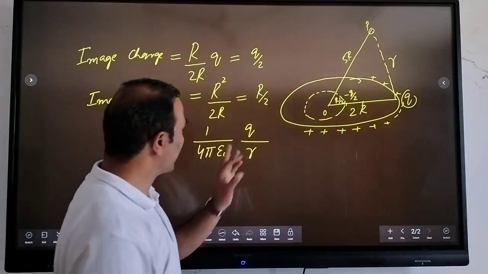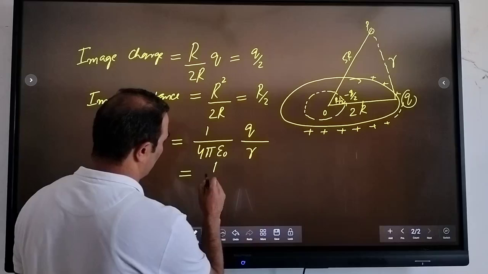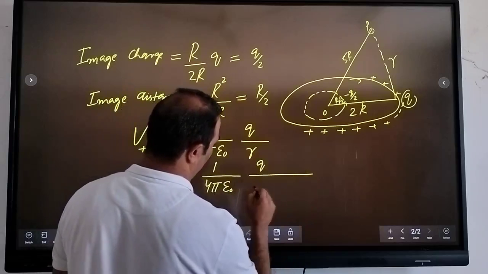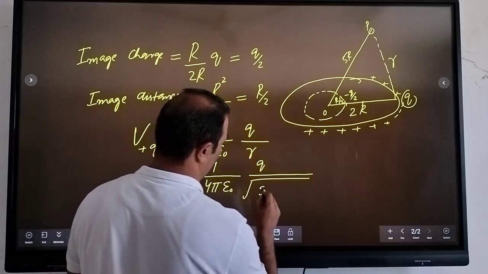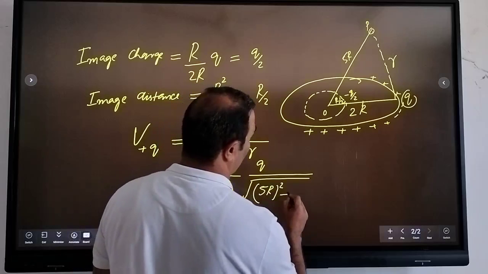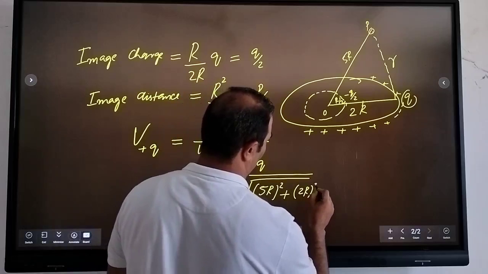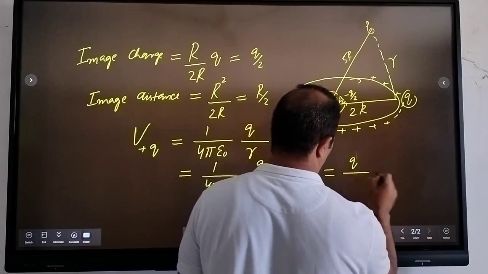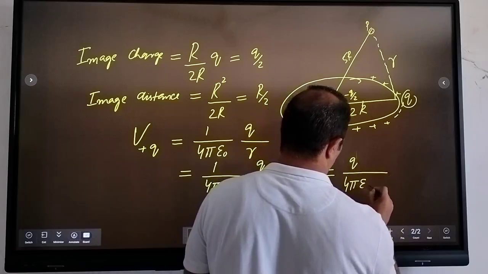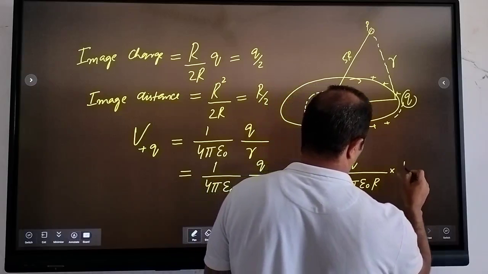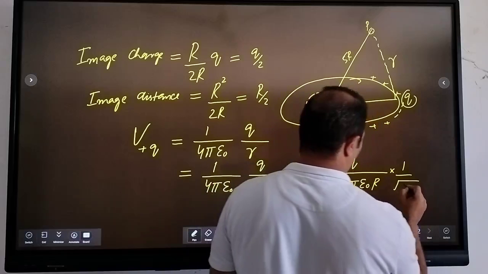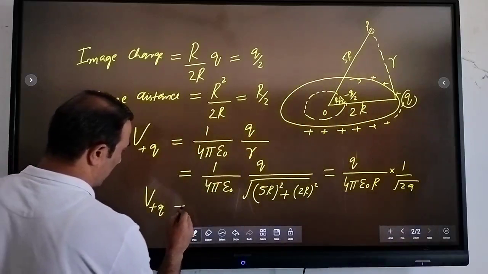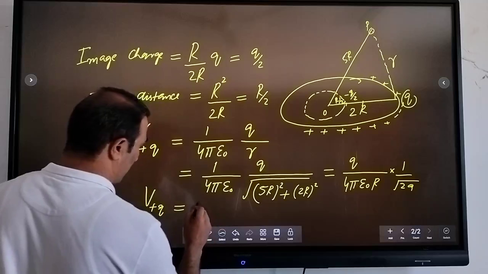We can calculate now because our V will be equal to, okay. So the potential due to plus q amount of charge will be, you can write this as 1 by square root of 29.